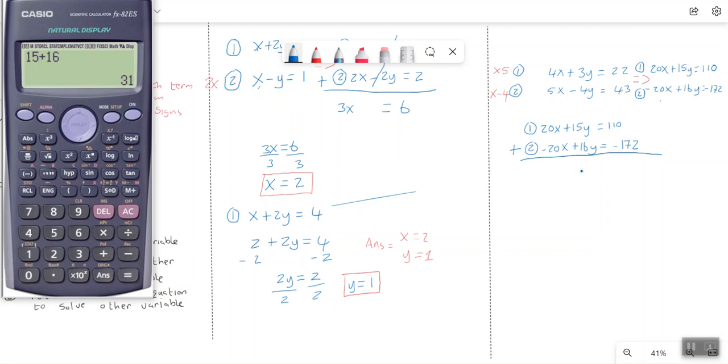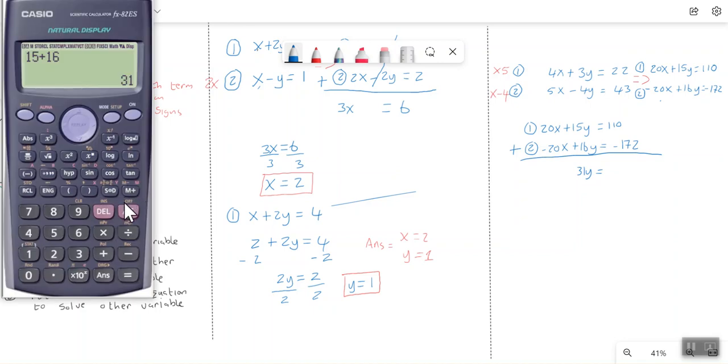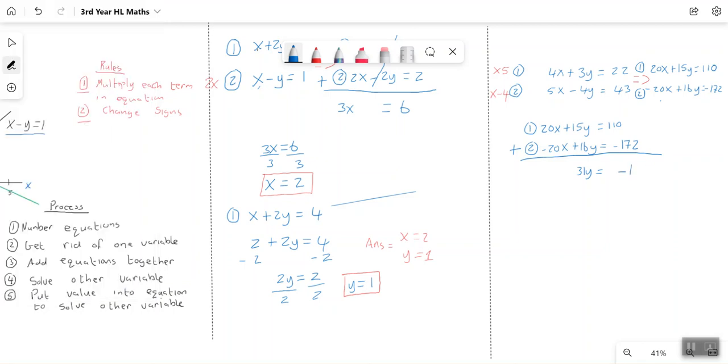So that will become 31y is equal to 110 minus 172, so 110 minus 172 is equal to minus 62.